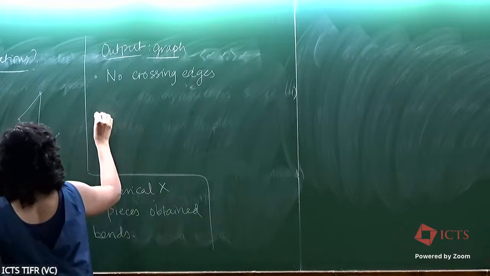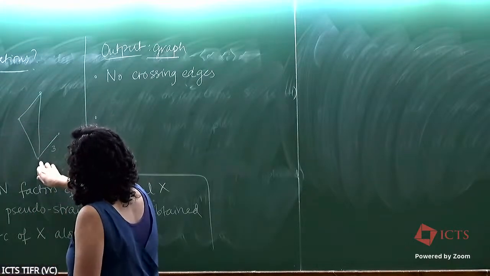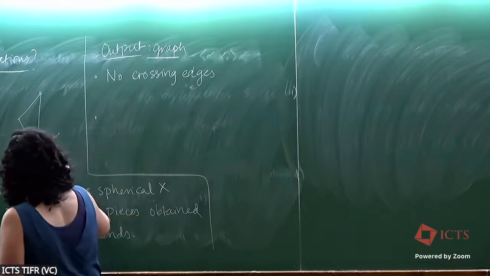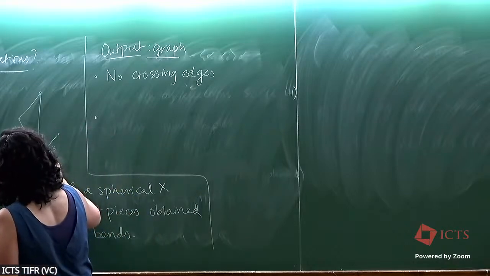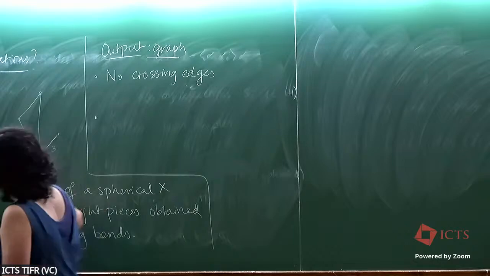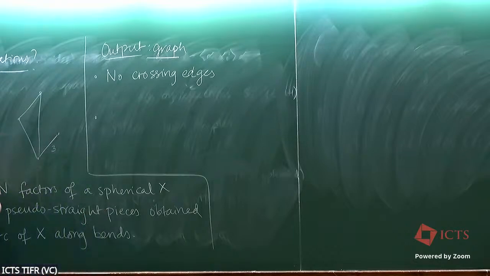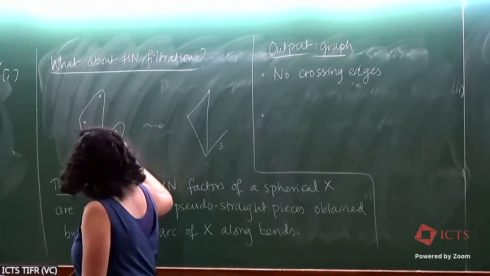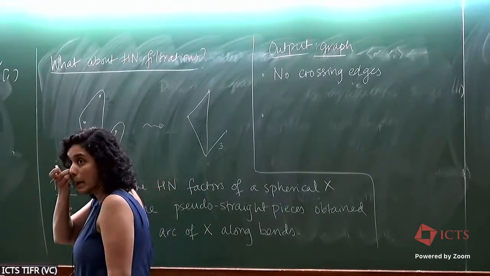There's another property which is automatic for this particular configuration, but it's actually a local property that happens at every vertex. At every vertex, as you go around that vertex, you can't have a tripod.